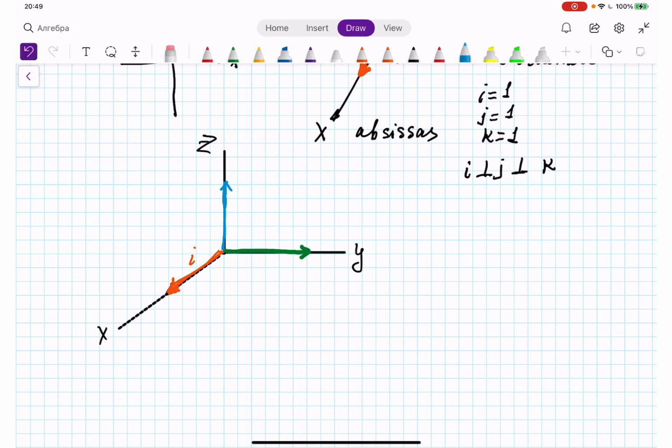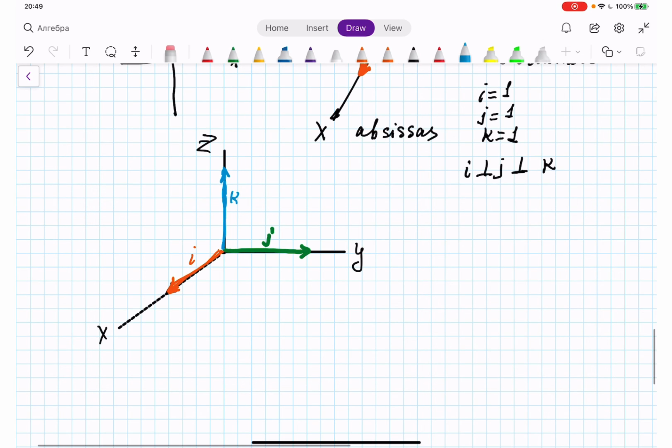I think the blue one could go a little bit further. So now let me draw the vector. So this is j, this is k. How am I going to add these three?